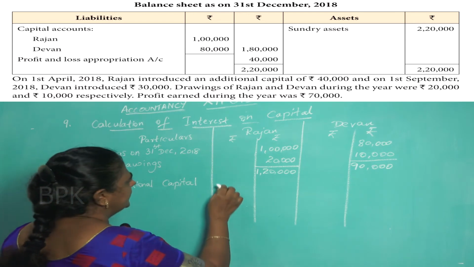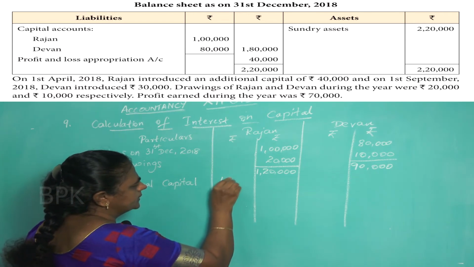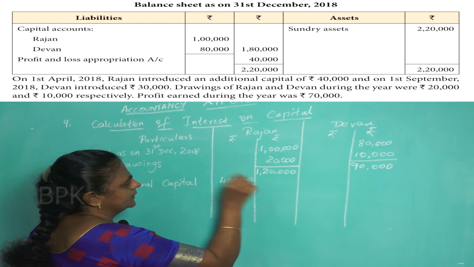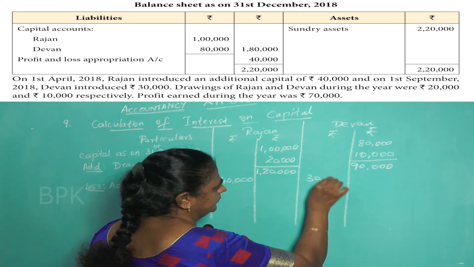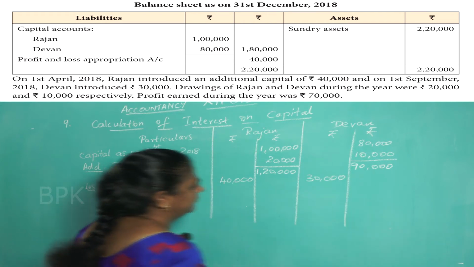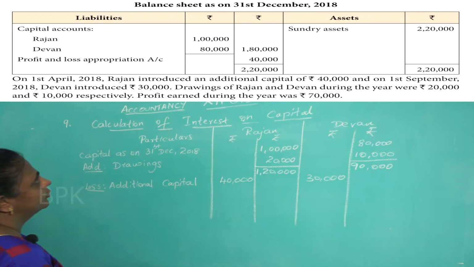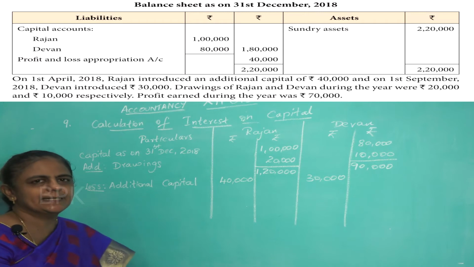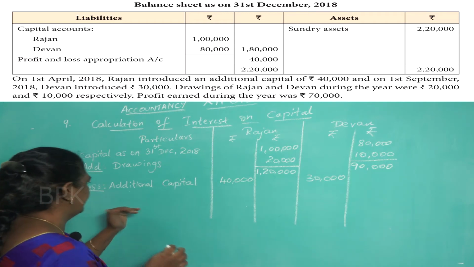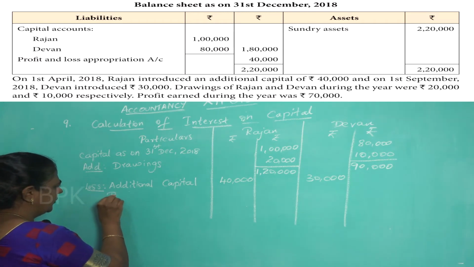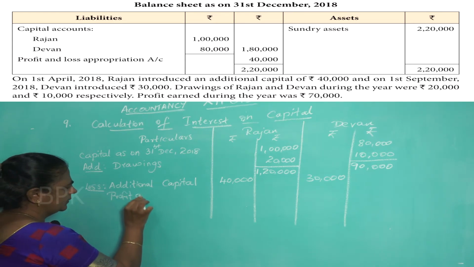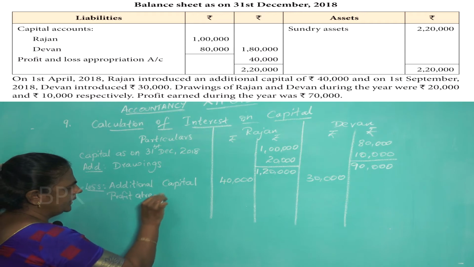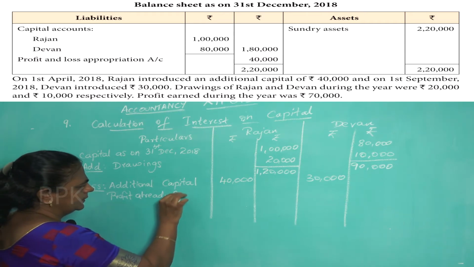Okay, additional capital of Rajan is 40,000 and of Devan is 30,000. Then what you have to do? Profit already credited, that also you have to subtract. So that you write here, profit already credited.